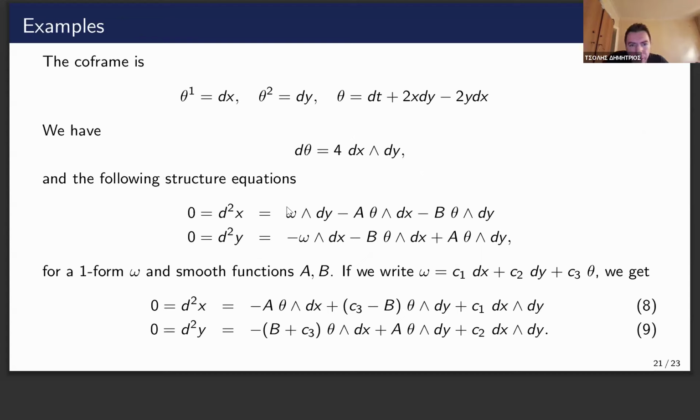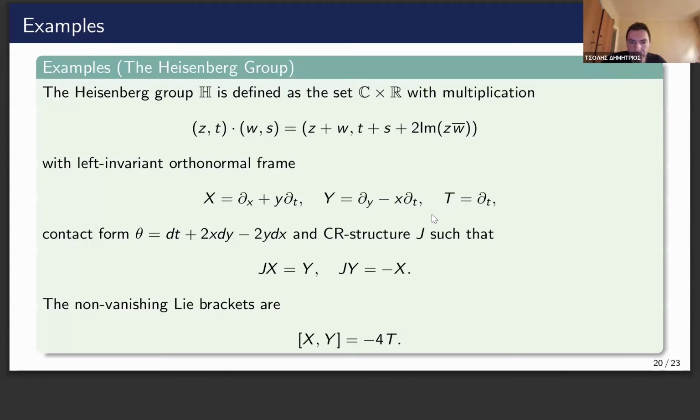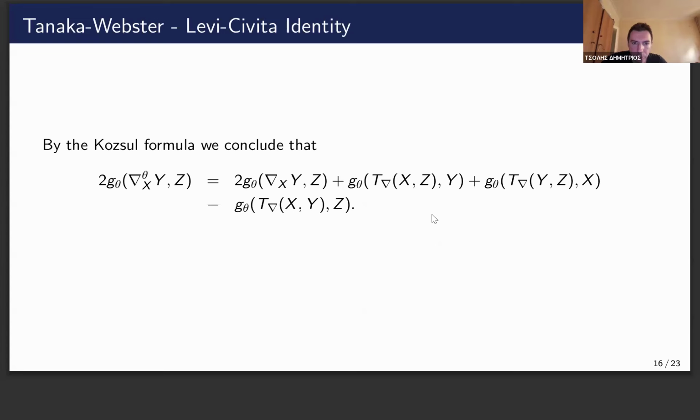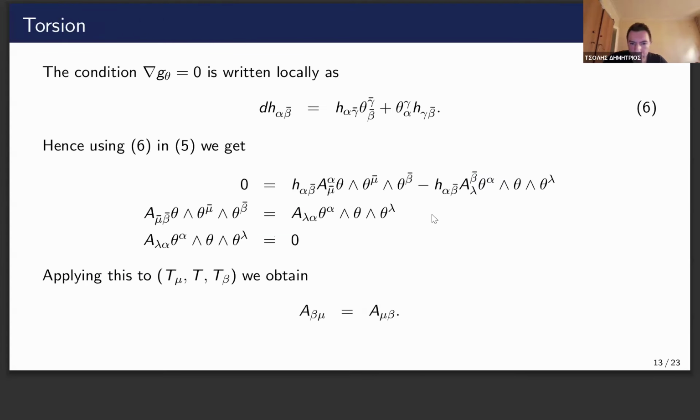Omega is just a connection form. And we have the torsion here. These are the torsion terms. Now you see this kind of symmetry here. This looks very much like this, but we have the B term here, and this is the minus A. The reason we have this is because, remember here, we proved this thing here.